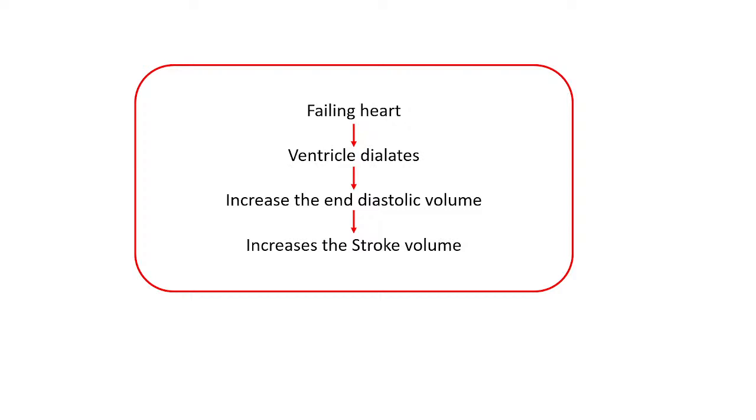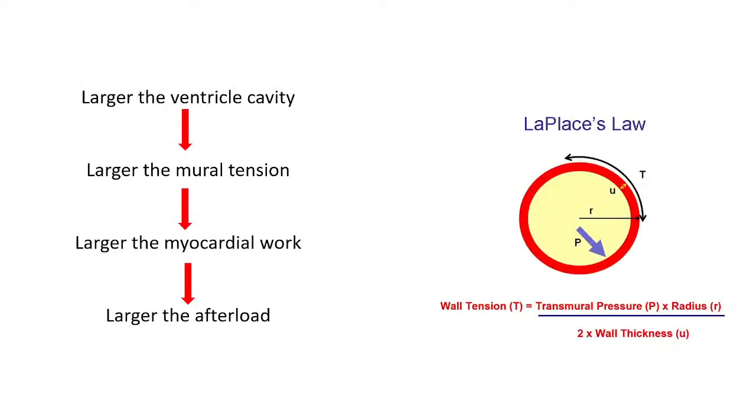Okay, so we know that when we have a failing heart, or the contractility of the heart comes down, the ventricles dilate in order to increase the end diastolic volume so as to increase the stroke volume, based on the Frank-Starling law. The problem with this increase in ventricular cavity is that according to the Laplace law, the wall tension is directly proportional to the radius.